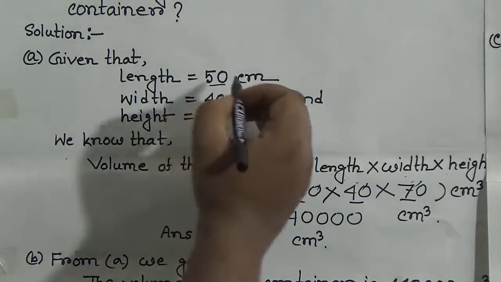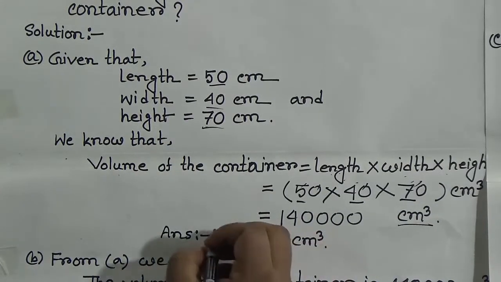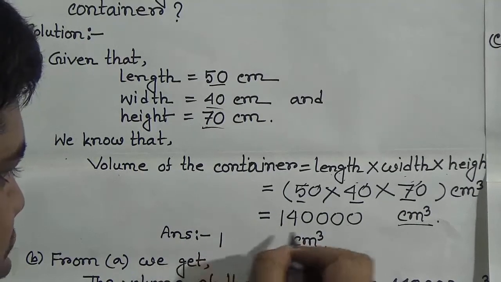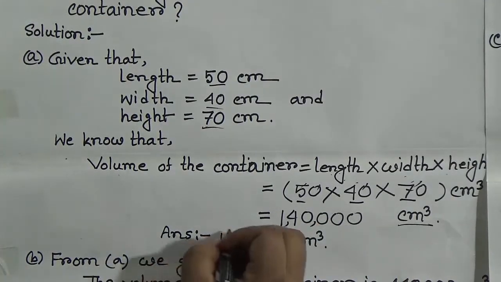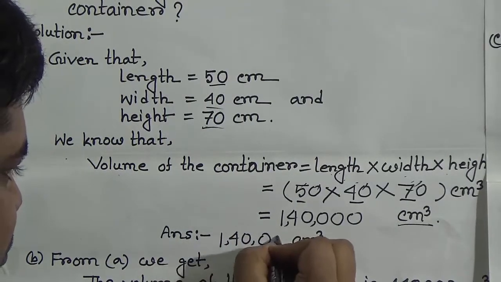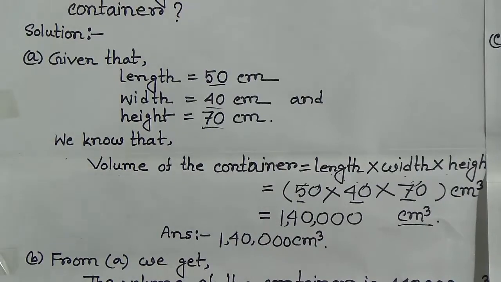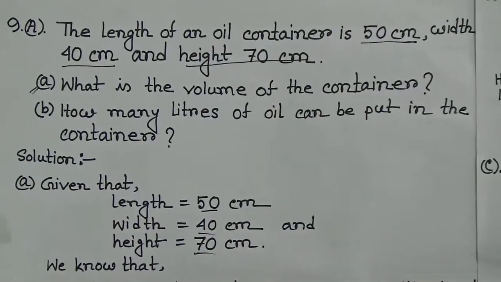If we multiply centimeter, centimeter, centimeter, then we get centimeter cube. Centimeter cube is the unit of this volume. That means the answer is 1,40,000. Okay, you must write the answer. And this is the solution of our question A.